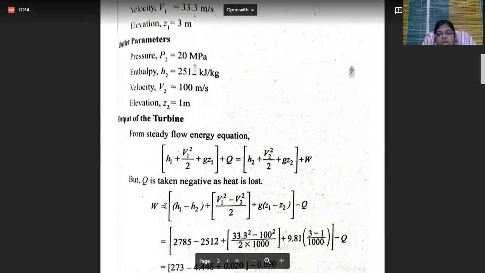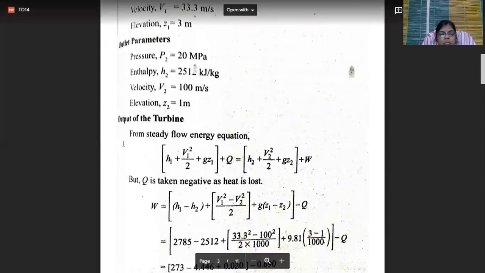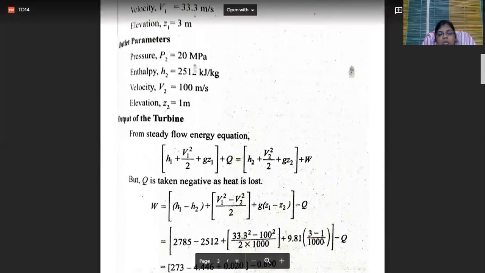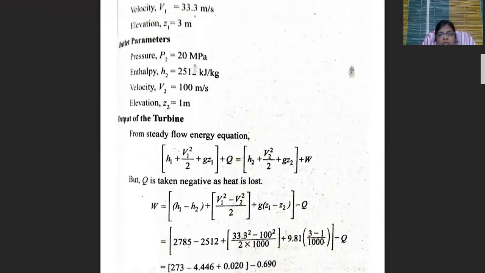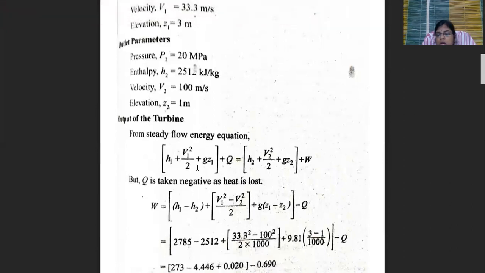Already we derived the equations for turbine, compressor and nozzle. From this, what do we know? The steady flow energy equation. We have to remember the equation of steady flow; if you know it, we can easily do the problem.